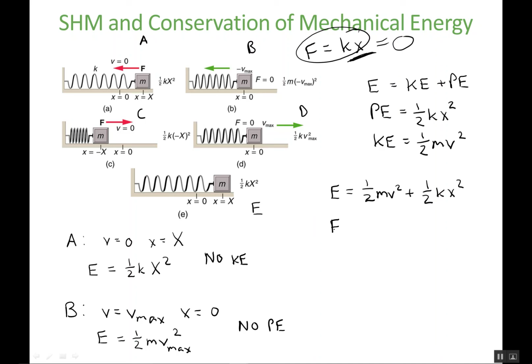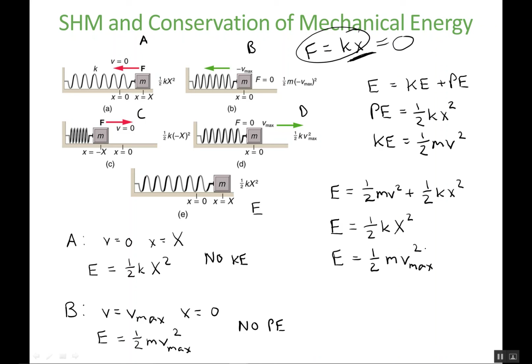So we saw when the mass is at its maximum position, all of its energy is potential, and x is equal to capital X. When the mass is at equilibrium position, all of its energy is kinetic, and v equals v max.